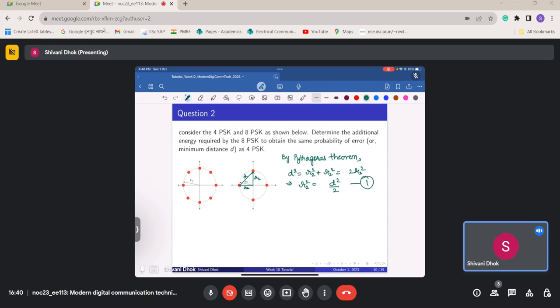So this is what we are having for the first constellation.